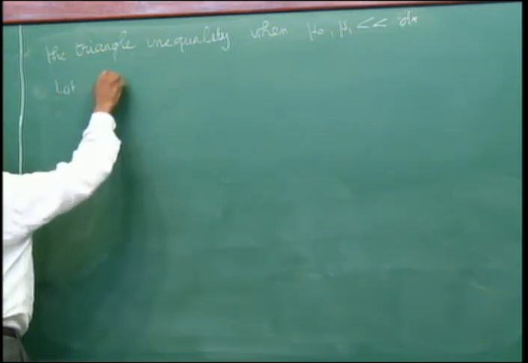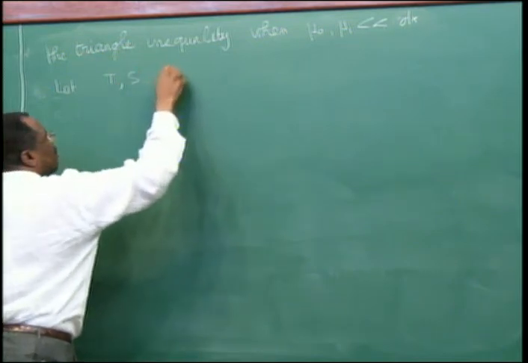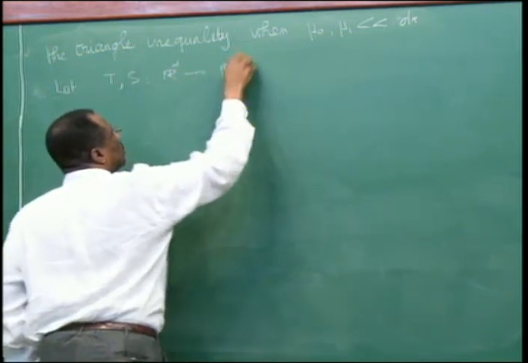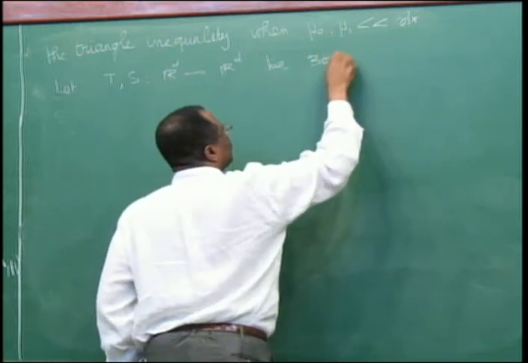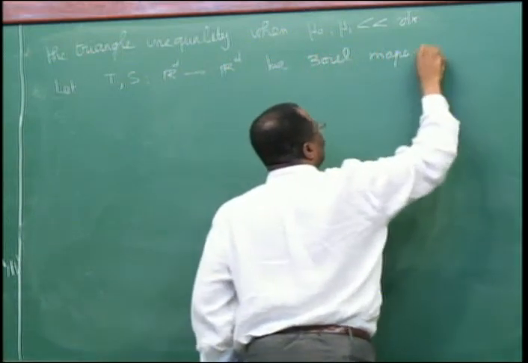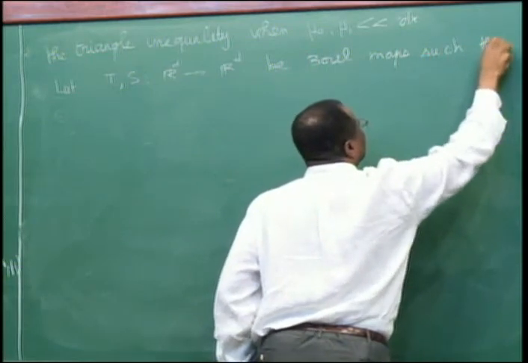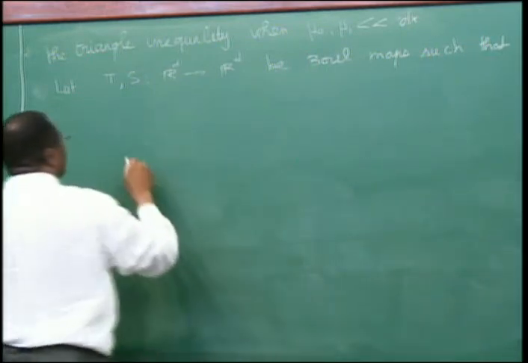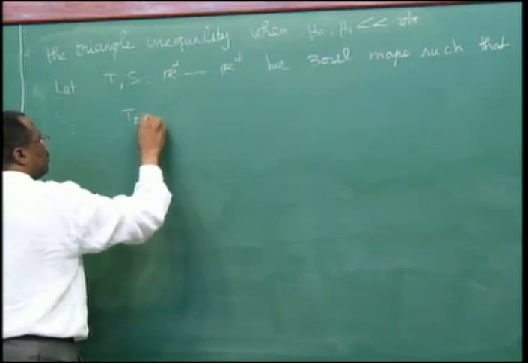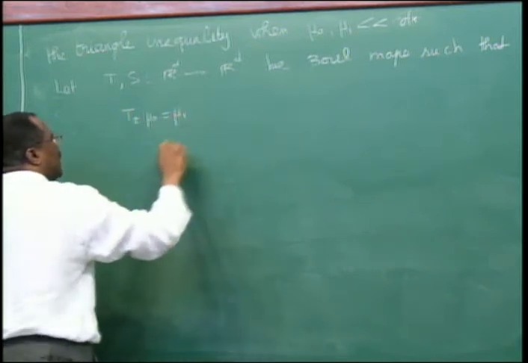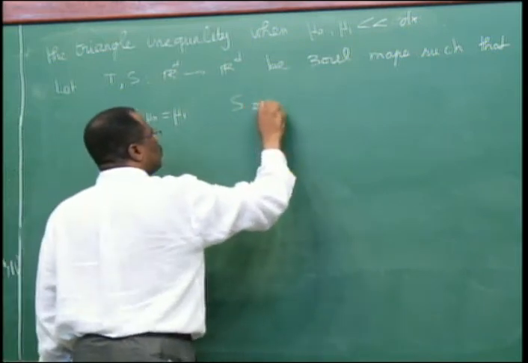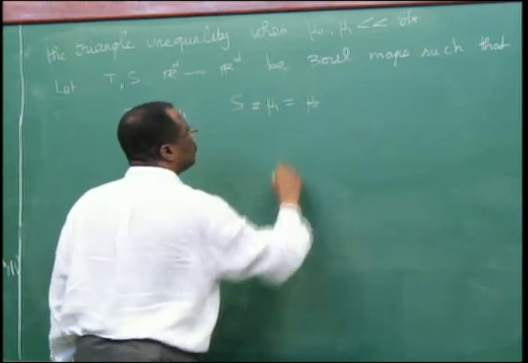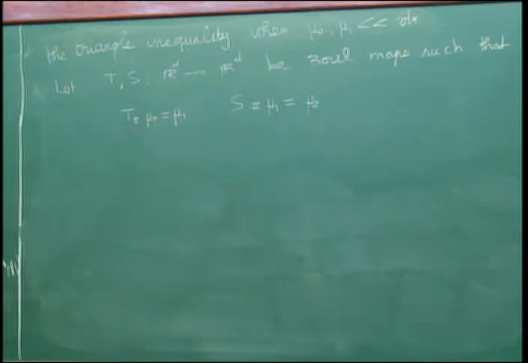Let T, S be maps from Rd to Rd, optimal in the Monge problem, Borel maps, such that T pushes mu naught forward to mu1, and S pushes mu1 forward to mu2. Because mu naught and mu1 are absolutely continuous with respect to Lebesgue measure, there is a unique minimizer in the Monge problem.